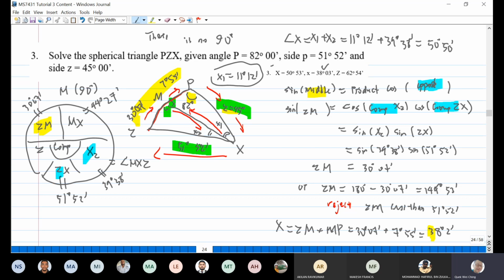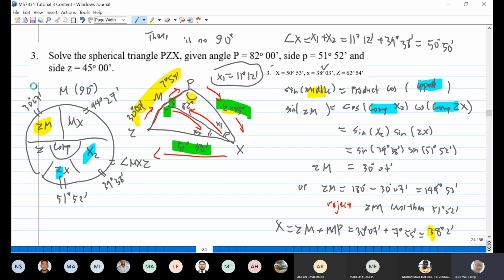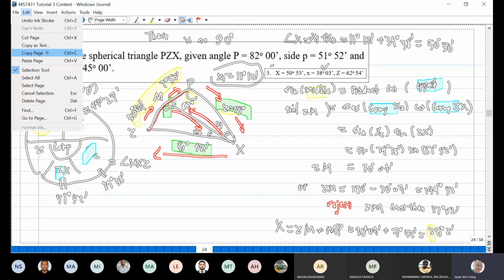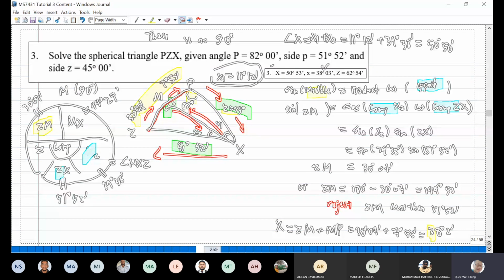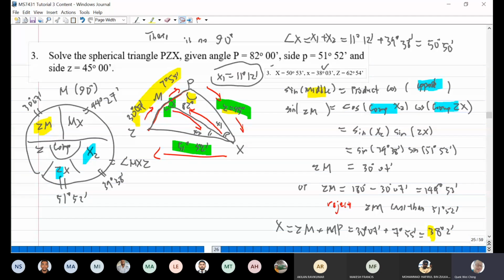The last part now. So edit, select page here, edit, copy page. So go to the next page now. The only thing I have left is the angle Z now. So let me change the color here.